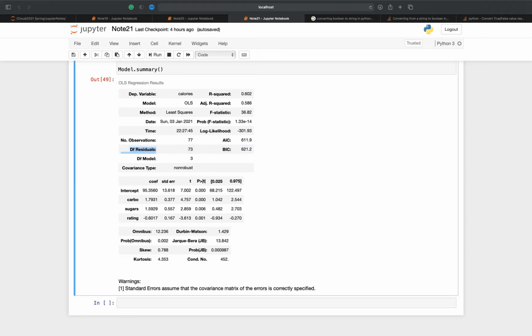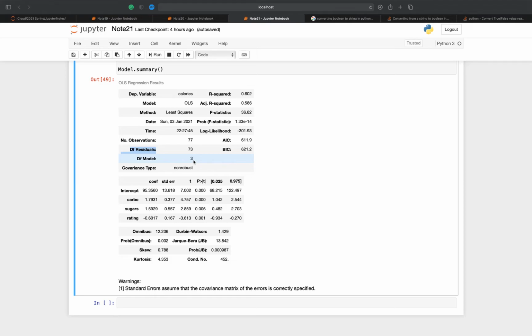So let's go through all of this and explain what the residual is. The degree of freedom for residual is the number of observations, 77, minus the number of parameters we have in this study. So we have 3 explanatory variables, 1 dependent variable, 4 variables. So 77 minus 4 is 73, correct? And then the degree of freedom for the model is the number of explanatory variables we have in the model, so it's not including the constant.